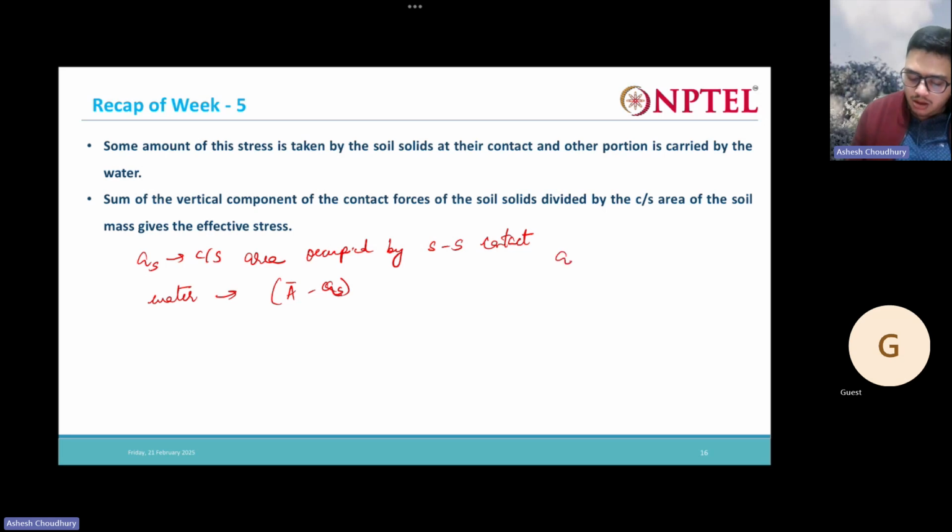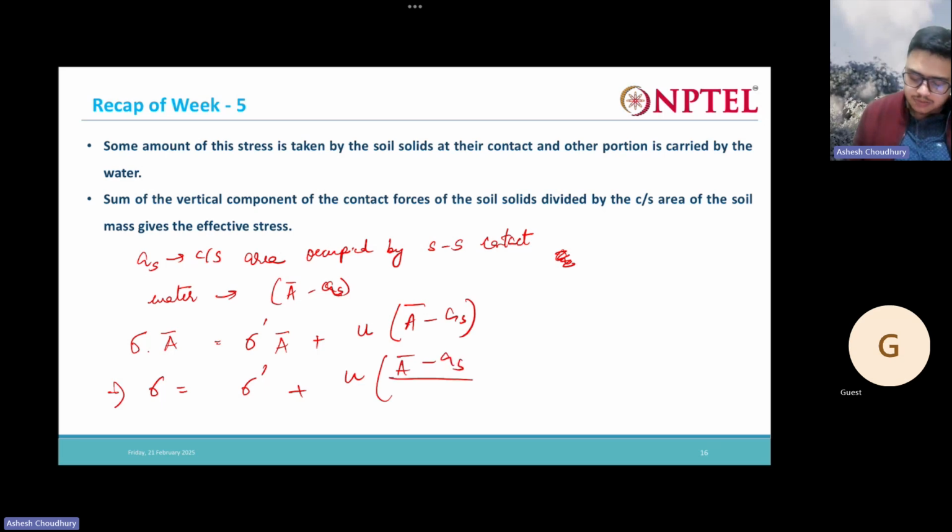Now the total stress times A bar we can write as effective stress times A bar plus the pore water pressure u times A bar minus AS. Dividing by A bar, it is sigma equals sigma bar plus u times A bar minus AS by A bar.